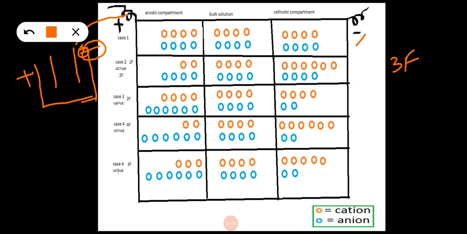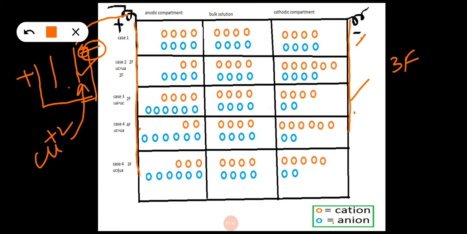Here cations will deposit on the cathode. 3 equivalents of cation will be deposited here, 3 equivalents of anion will get deposited on this electrode, and 3 equivalents of copper plus 2 in the copper voltmeter solution will move here and be deposited on the copper voltmeter also.